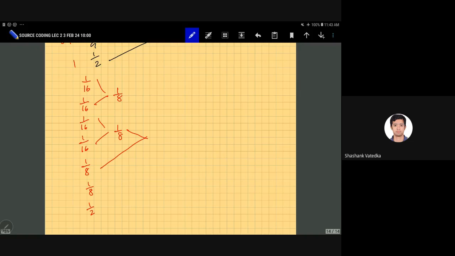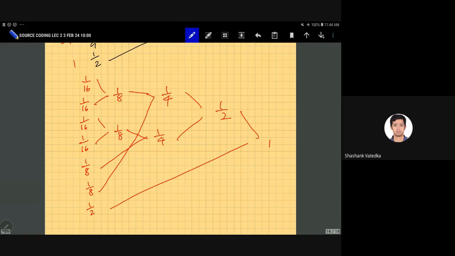So I can combine these two to get a super symbol of probability 1/4. Next, I combine these two to get a super symbol of probability 1/4, and then half, and then 1. Right? So this gives me one code, and the code word lengths are going to be something.